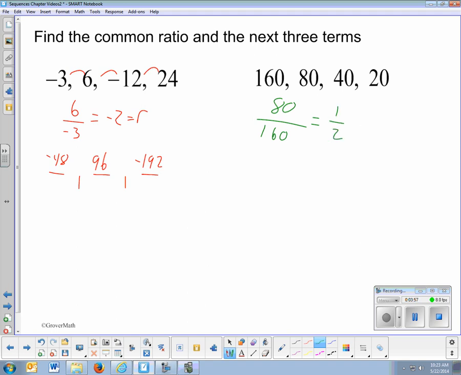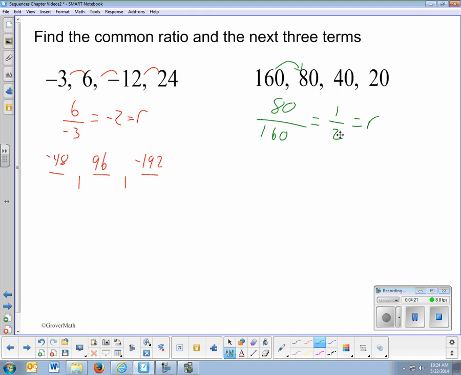Now, instead of multiplying, this can be thought of as division. To go from 160 to 80, there are 2 ways I can think about that. I could think about it as dividing by 2, or as multiplying by 1/2. Just like with the arithmetic, when my difference was negative, I could say I'm minusing 5, or I'm adding negative 5. It's the same thing.